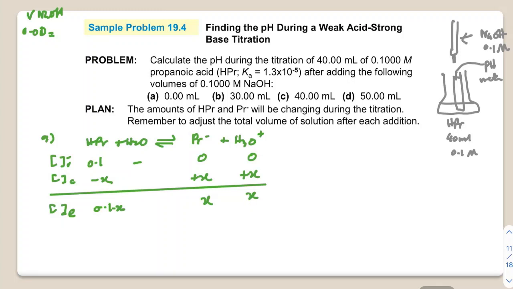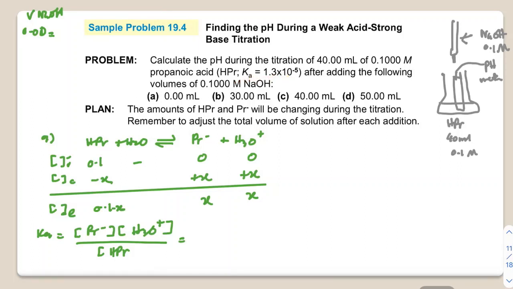To solve x, we assume that x can be neglected because of a small Ka value. Ka is equal to the concentration of Pr minus multiplied by the concentration of H3O plus over the concentration of HPr.